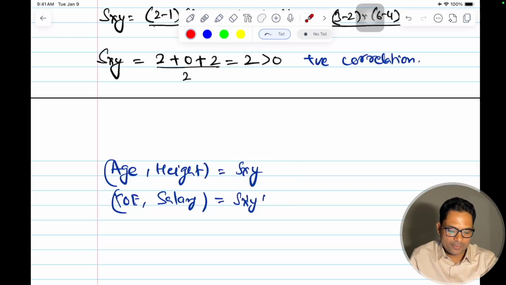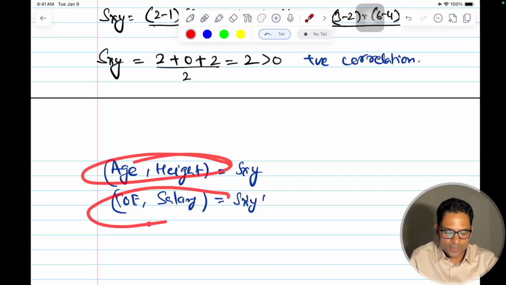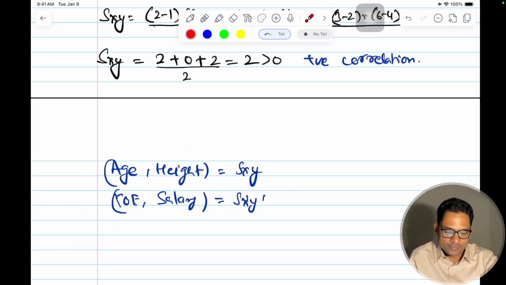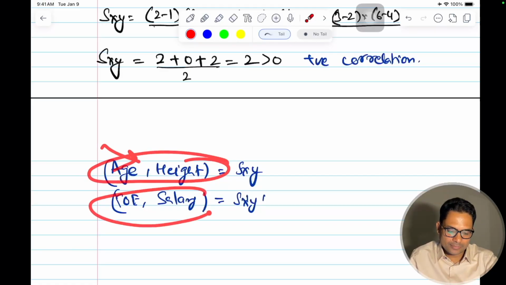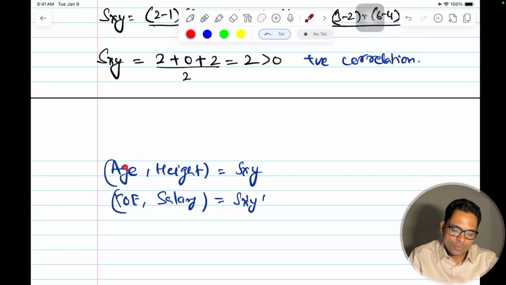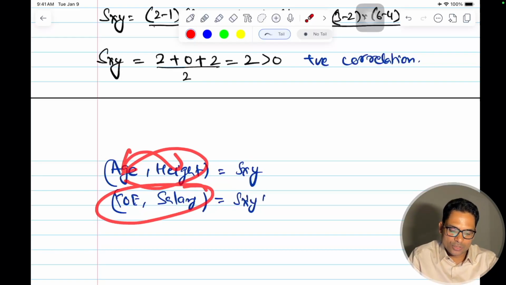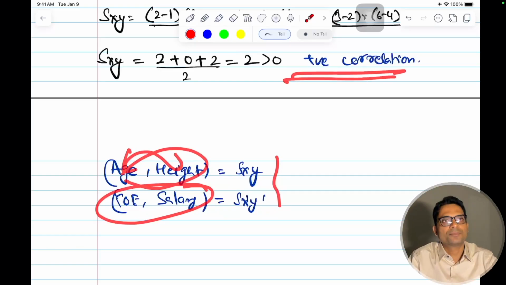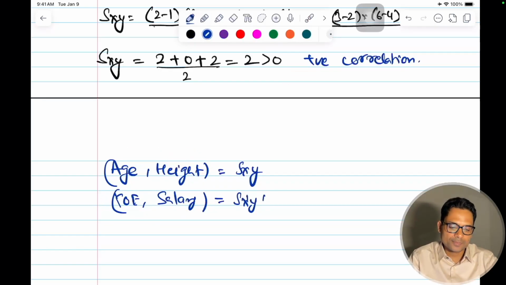So I cannot compare which covariance is higher, or which gives more information about the mutual change of these two variables. It just gives me the direction. That's the drawback of this.